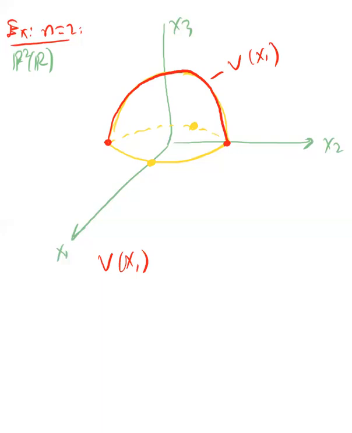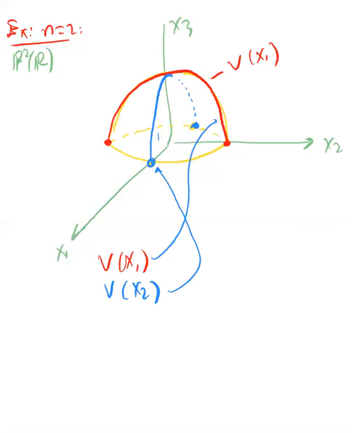And let's use a different color. V(x2) is the points where x2 is equal to 0. Similarly, it is the intersection of this RP2 with the x2 = 0 plane. So it is this circle. This is V(x1), and V(x3) is the points where x3 is equal to 0.